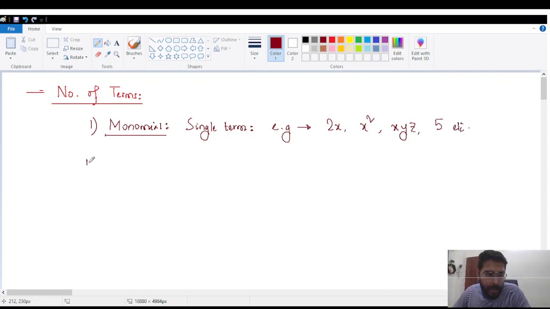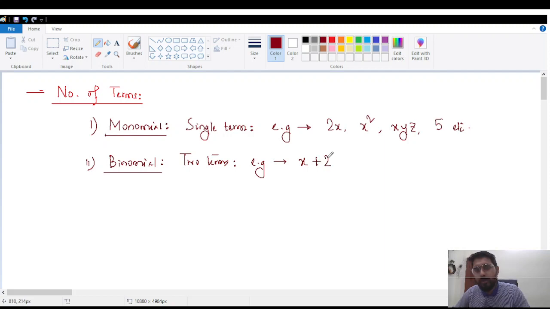Number 2, binomial. Binomial means two terms. Whenever a polynomial has two terms, we call it a binomial. For example, x plus 2 is a binomial: x is one term, 2 is one term, separated by addition.